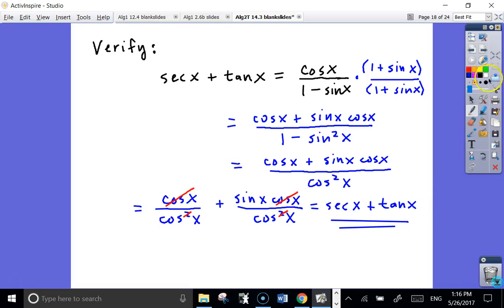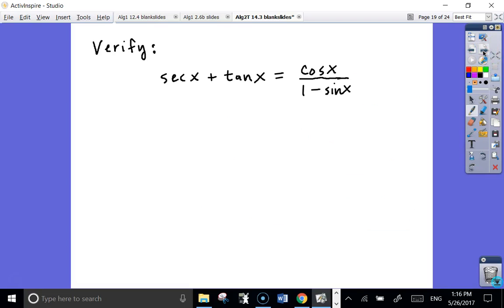The other thing that sometimes you can do is that if you see you've got two terms, like we've got secant x plus tan x, sometimes by turning them into sines and cosines, you can see that you need to make a common denominator or something like that. And just doing that process will lead you somewhere that simplifies. In this case, it looks like this. I'm going to make the secant x 1 over cosine.